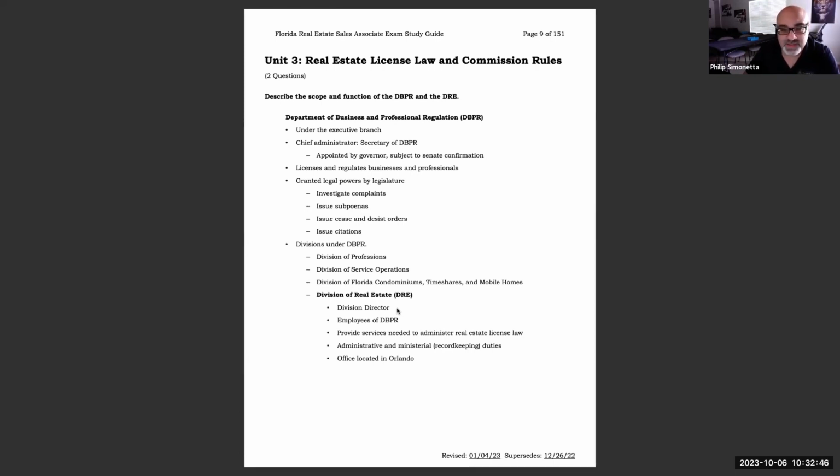They're not appointed by the Senate and confirmed by the governor. They're appointed by the governor and subject to Senate confirmation. Okay, they license and regulate businesses and professionals. They're granted legal powers by the legislature. They investigate complaints, issue subpoenas, issue cease and desist orders, issue citations.